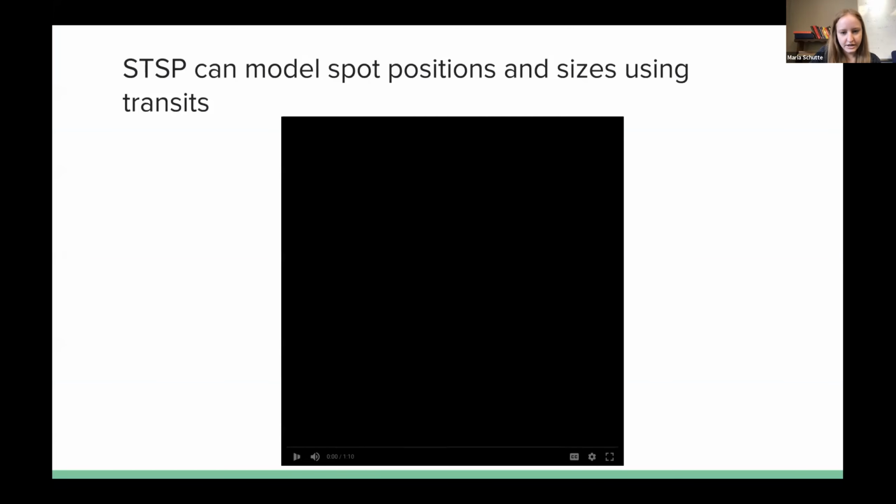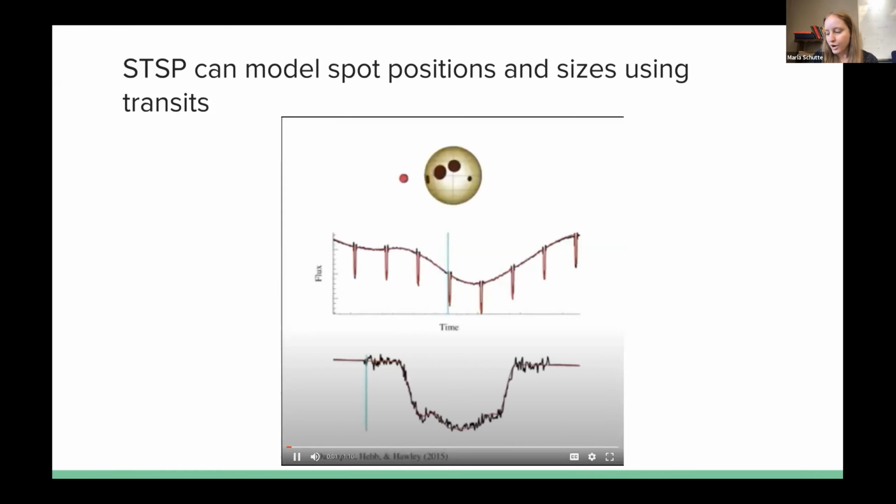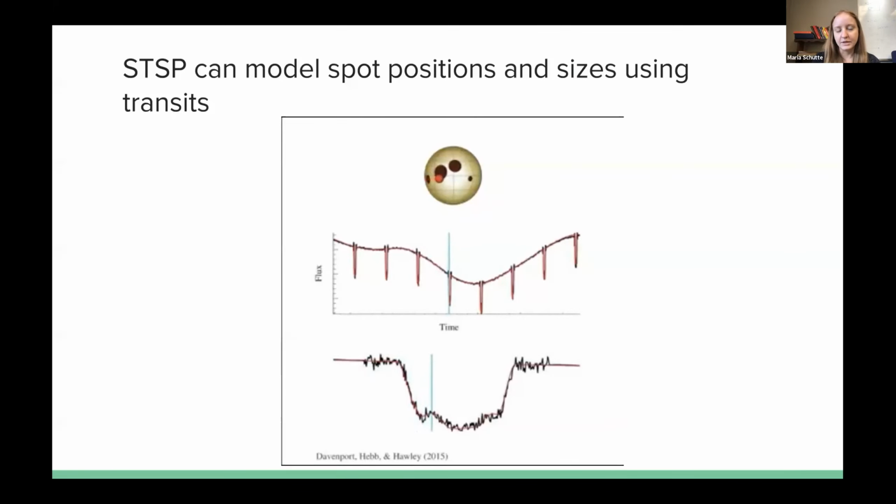So getting started, the program that we use to model these spots is called STSP, and it can model the spot positions and sizes using the transit of a secondary object in front of the star. It uses this secondary transit, as you can see in this video, to probe the stellar surface features.